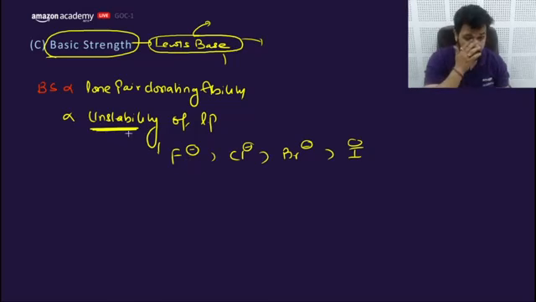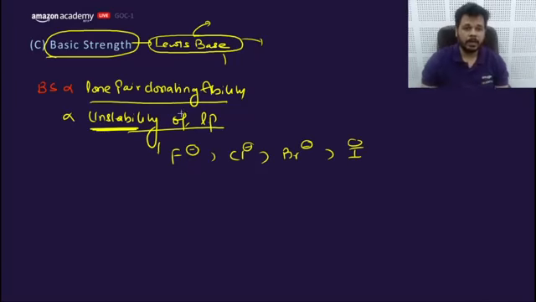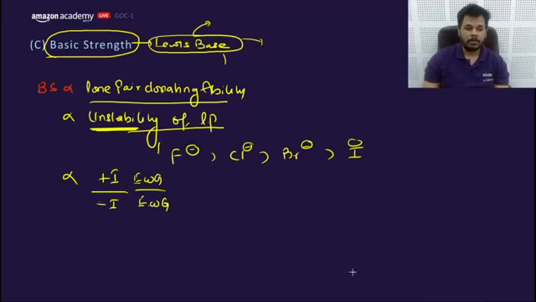Very importantly, instability of lone pair, donating ability, is directly proportional to what? If I want to donate, some electron donating group should be present with me or on me. Directly proportional to plus I, that means electron donating group. Inversely proportional to what? Electron withdrawing group.